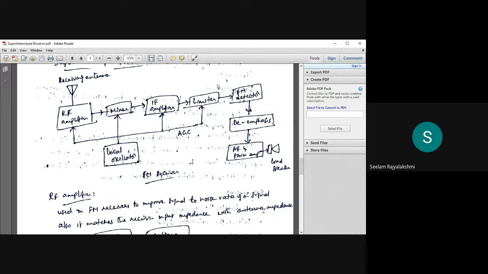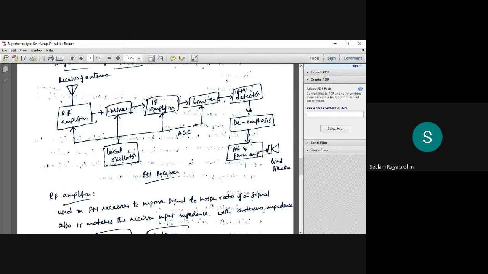So the amplitude limiter removes all the unwanted signals, and hence it is always placed before the FM detector. Why do we keep the limiter before the FM detector? Because whenever the amplitude changes, the limiter does not allow those amplitude changes to pass. It acts before the change occurs in the amplitude.